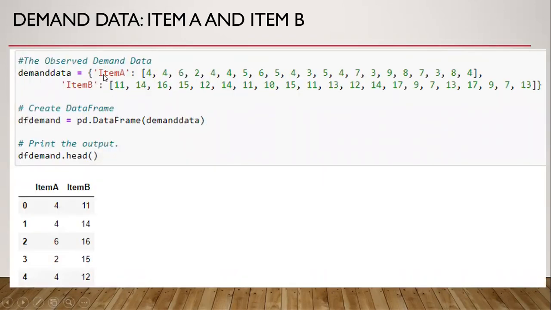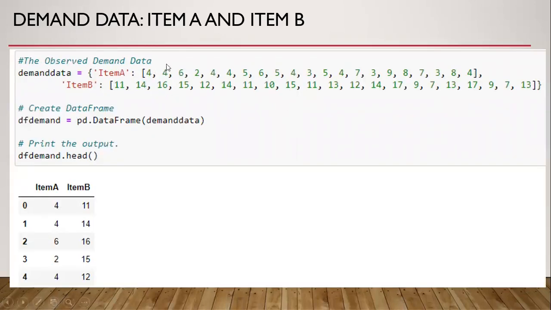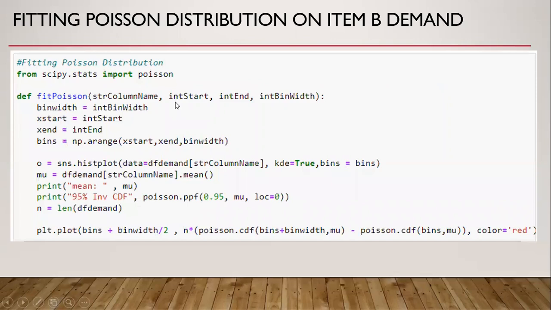And this is the demand of two items, item A and item B. These are historic demands to calculate the mean, standard deviation and distribution of the demand of item A and item B. So let us first see which is the best distribution of demand of item A and item B. This is the definition of a function which I have written for fitting a Poisson distribution, because in item A, I could see that the demand is rare and skewed, whereas item B appears to be normally distributed. So let us see using the fitting of the distributions.